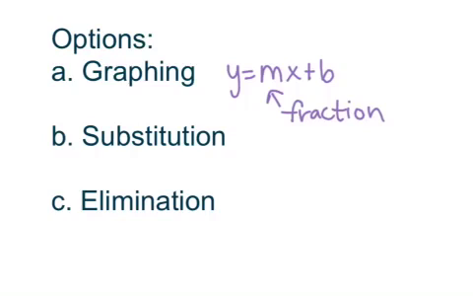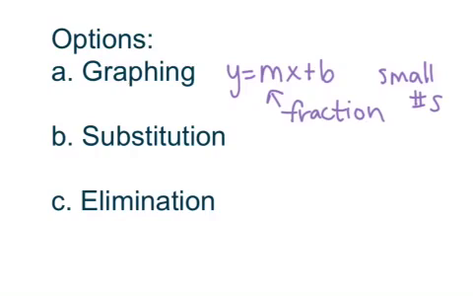Okay, so those are a couple things that we look for. And the last thing that we look for is smaller numbers, because if the numbers are really big, like in the 20s or 30s or even bigger, it's going to be really hard to graph that. So if they're big numbers, sometimes it's easier to use another method. But again, you could also solve it by graphing.